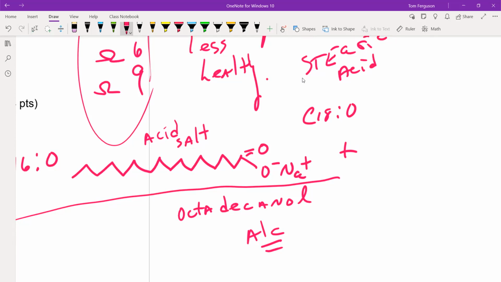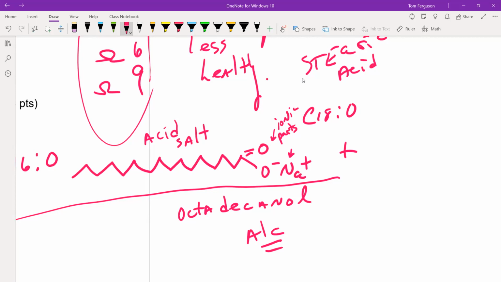So if we have an acid salt, we have to have a cation that goes with it, because all ionic compounds have to have one of each to make the ionic compound neutral. If something's positive, something has to be negative to offset it. So this is the ionic part, both the sodium cation and the acid salt itself.